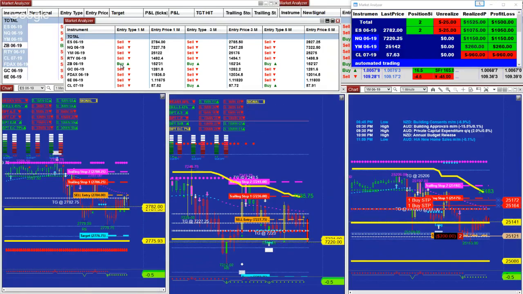So as you see, the 30-year Treasury bond on the 1 minute, 3 minutes, and 5 minutes is to the long side, and the ES is to the short side.